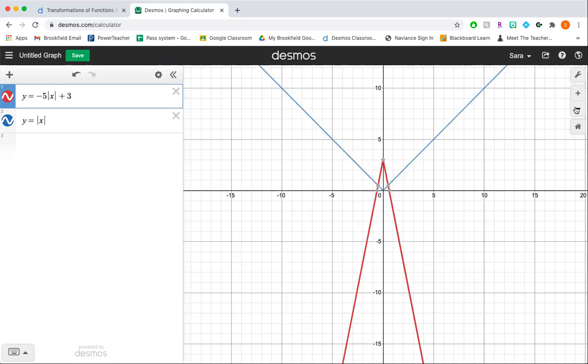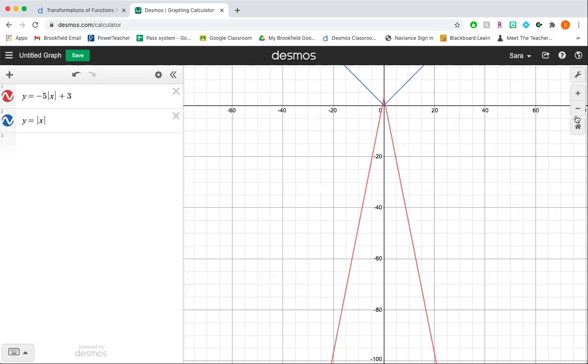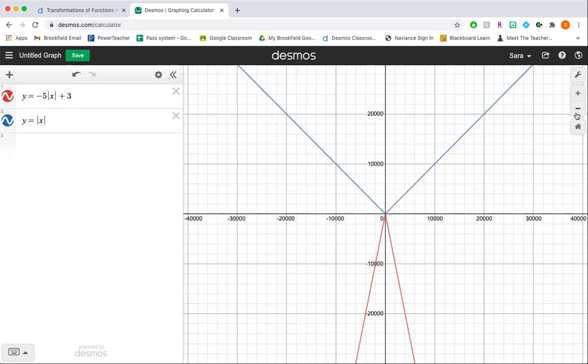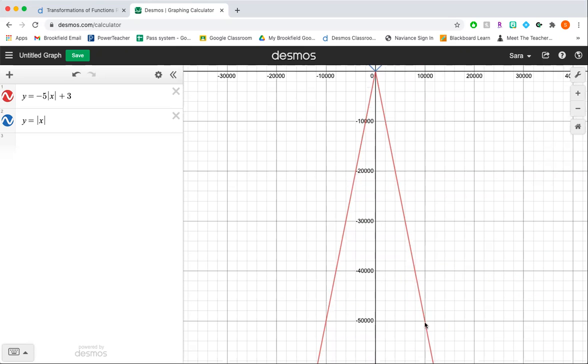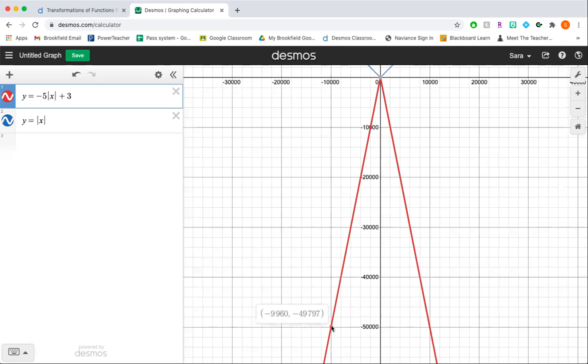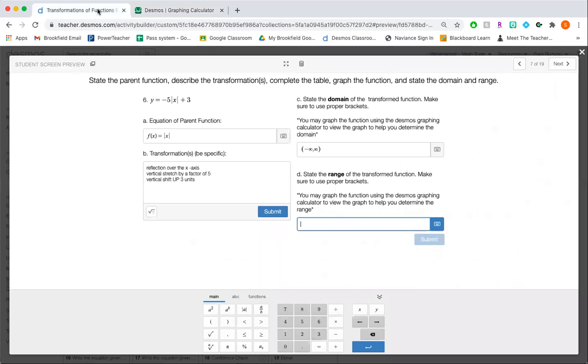this graph, I'm pretty zoomed out, and look at all those y values. Negative 50,000. That's pretty intense. So I'm going to say that this range is from negative infinity to 4.